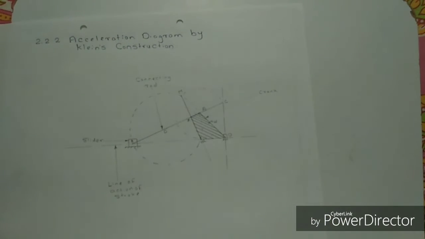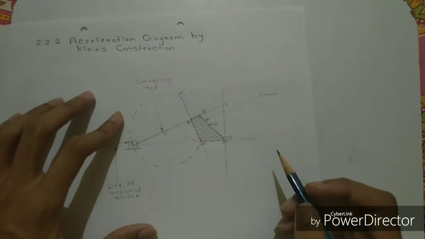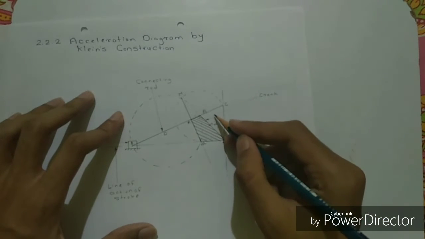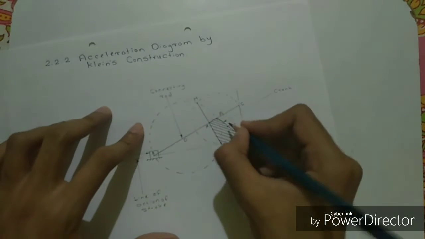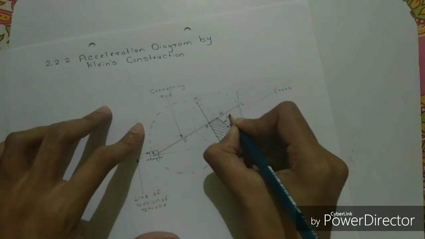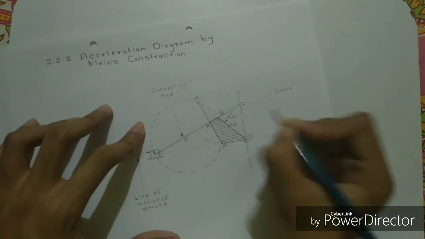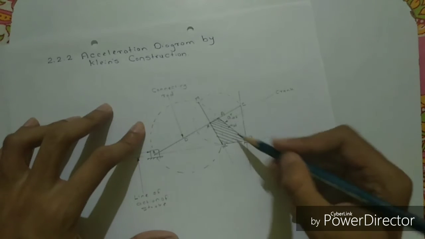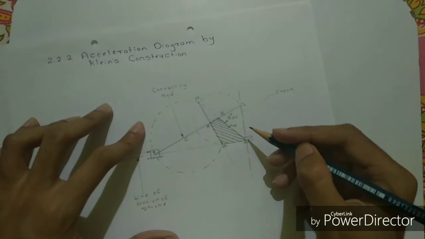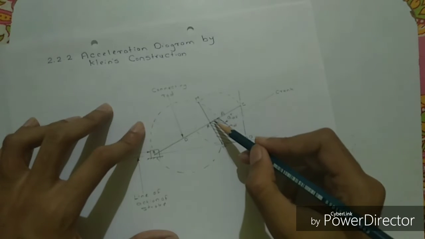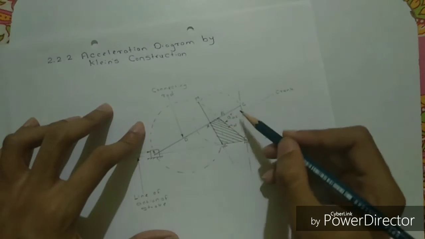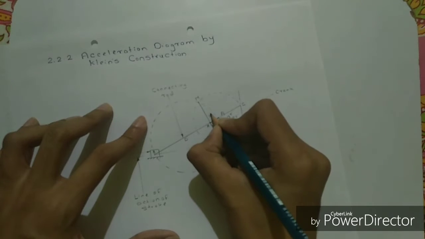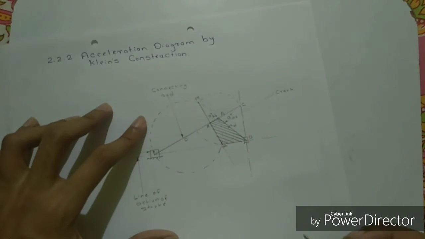Now in the quadrilateral AXLO, vector OA represents the radial component of acceleration of point A, that is A_R suffix AO. Vector AX represents the radial component of acceleration of the connecting rod, expressed as A_R suffix BA.